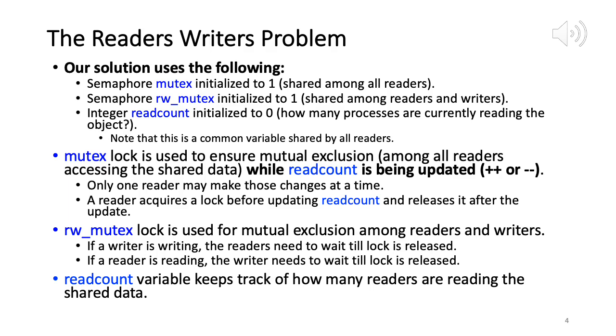Now if a reader is reading and there are multiple processes waiting, some readers, some writers, then definitely the preference will be given to the readers. If there's only one reader and one writer, then if a reader is reading, the writer waits and then it gets access. The read count variable keeps track of how many readers are reading the shared data.